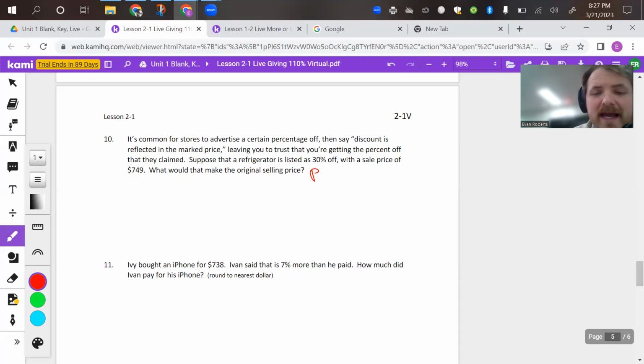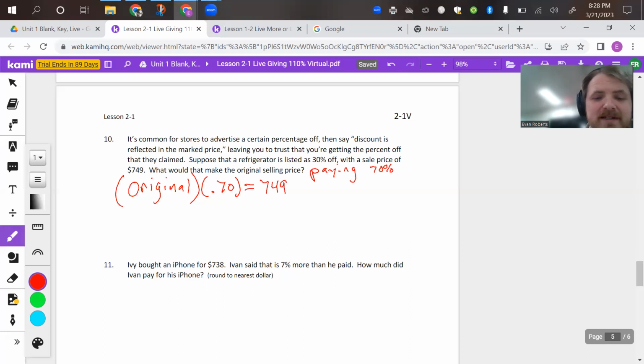So that means we're paying 70%. If we're paying 70%, that means we're paying 70% of something. So the original, and we're paying 70%, and that has to equal my new price of $749. So again, how do we get it alone?